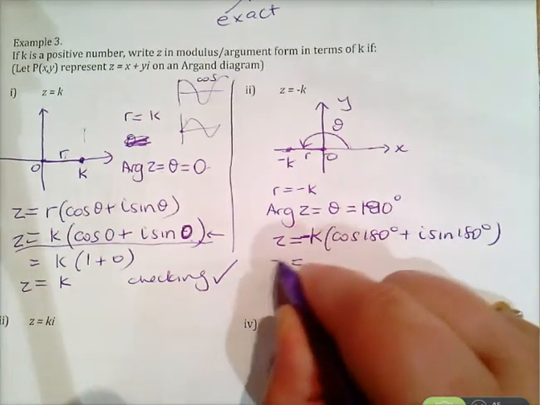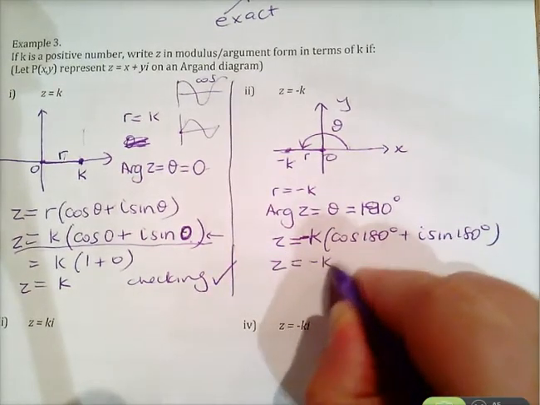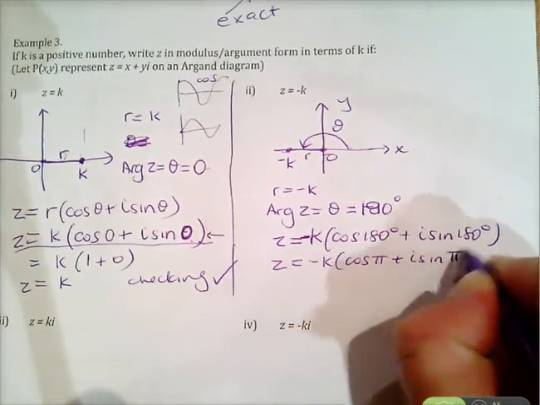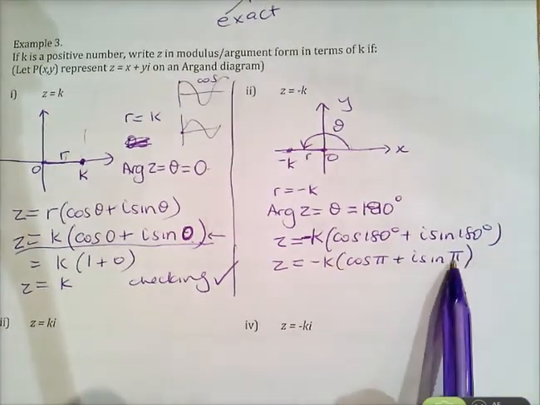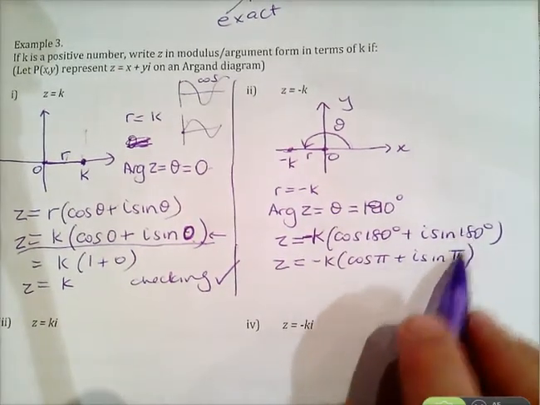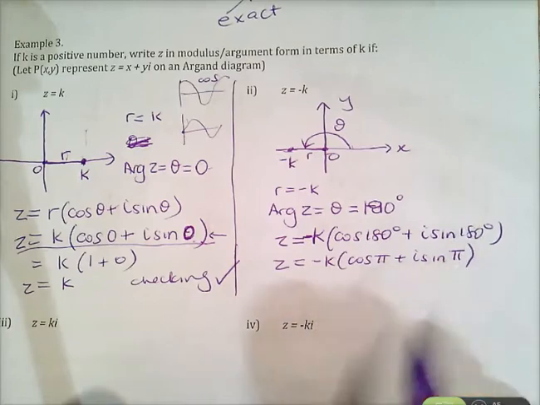Or I could write it as z equals negative k cos pi plus i sine pi, which is written in terms of pi instead of degrees. So it's in terms of radians instead of degrees.